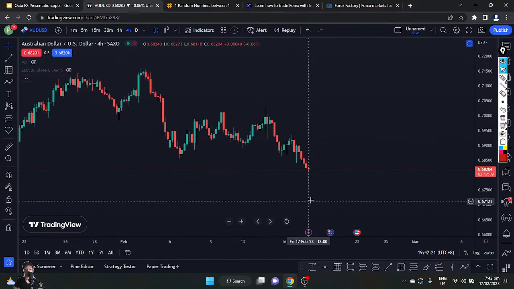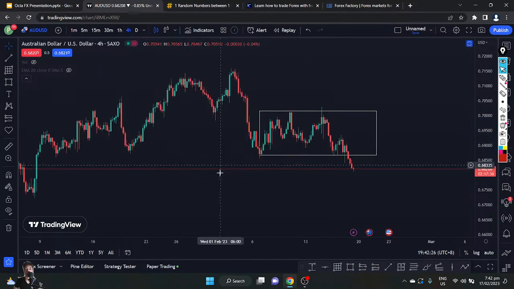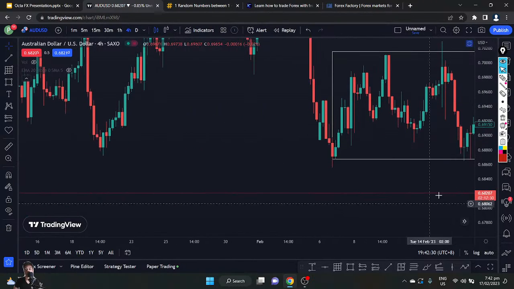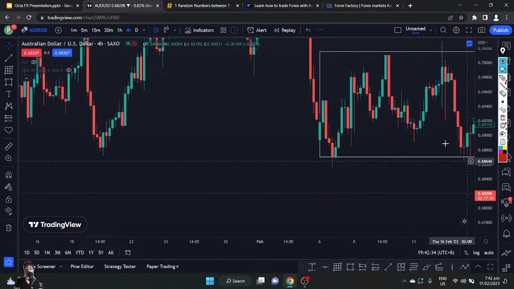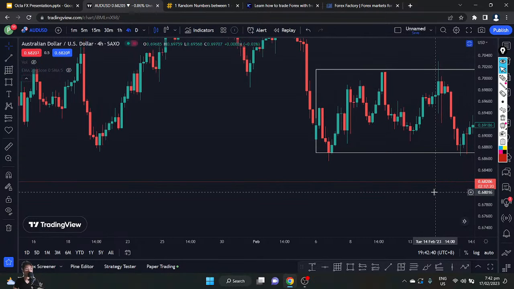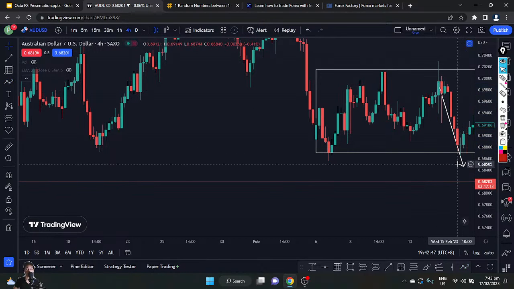So let's look for a good example right here. For example, we have a Darvas box pattern right here. Then as we can see, the price went down. The price isn't breaking this low yet, so it is still fighting to go up. If you are an aggressive trader, you may instantly look for a sell after the price breaks this level.